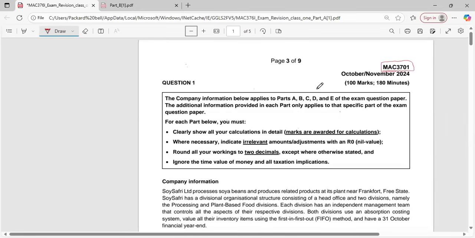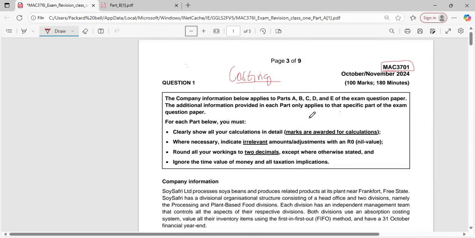So I want us to improve our costing understanding so that when we go to the other question papers, at least we have a hint of costing. Once you have a hint of this costing, then when you approach the other question papers, it is going to be easy for you to see what is needed there, right?